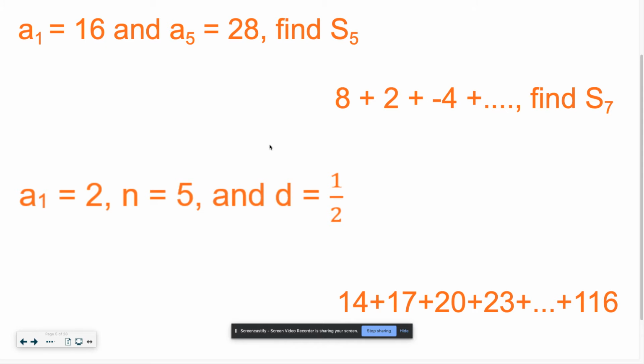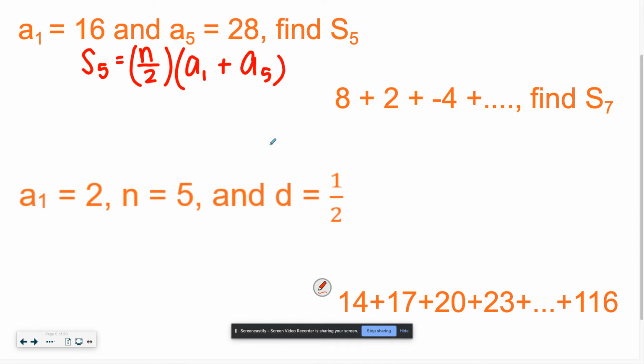So the first one, I always start out with my formula. So I'm looking at n divided by 2, times the first term plus, in this case, my 5th term. So your 5s will match. If this is where n was, then that's what that n is going to be.